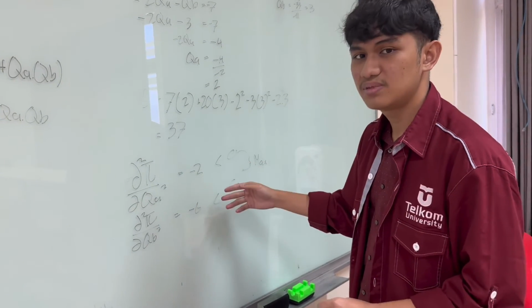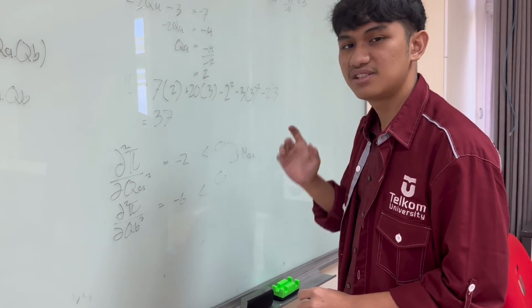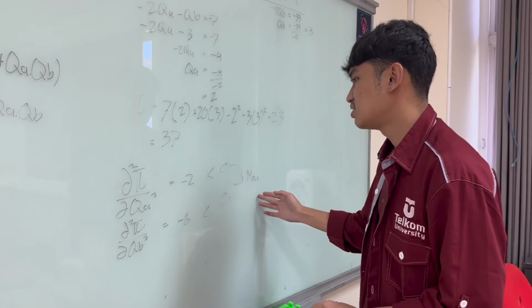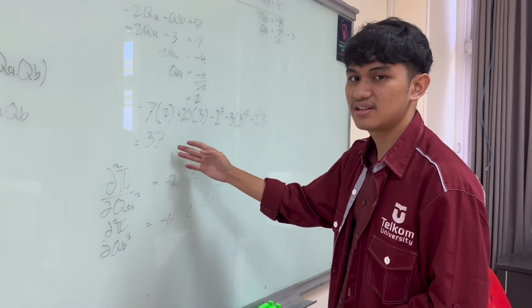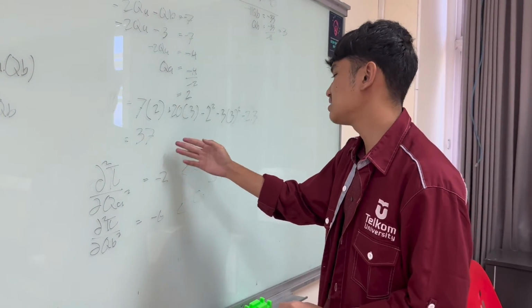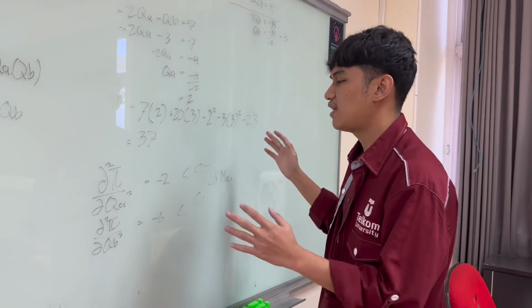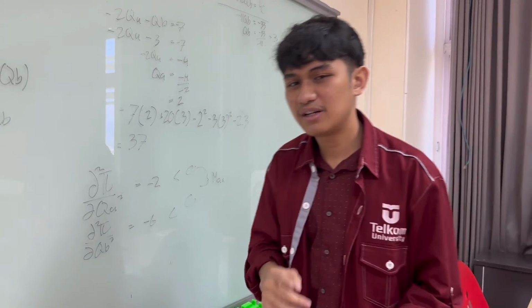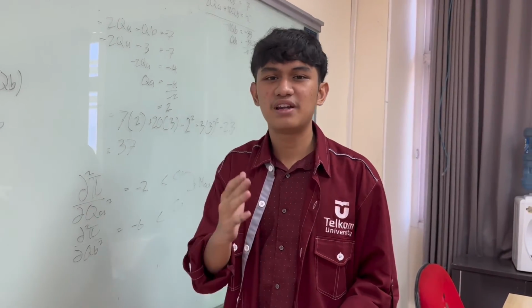So both of them are negative, under 0. It means it is a maximum. So this P value, 37, is the maximum value. If you want to learn more about it, my friend will explain in more detail.